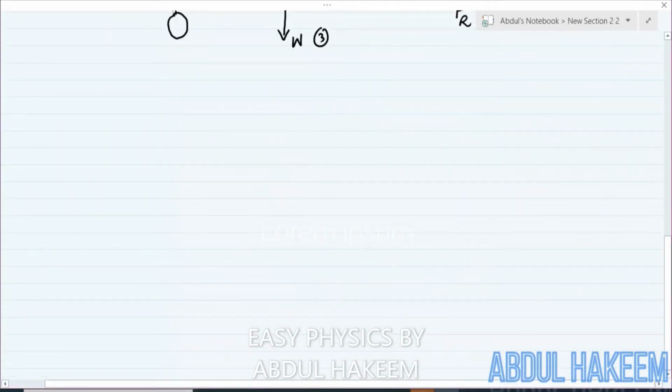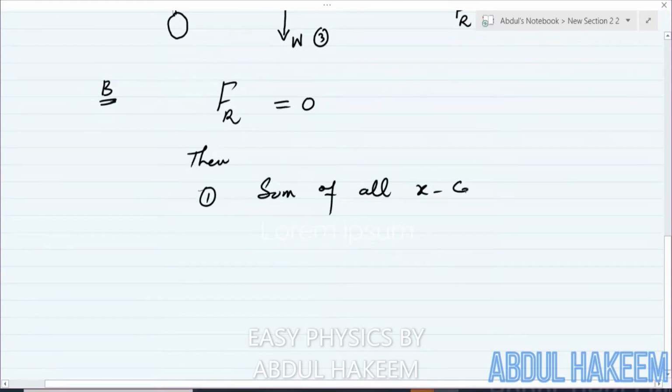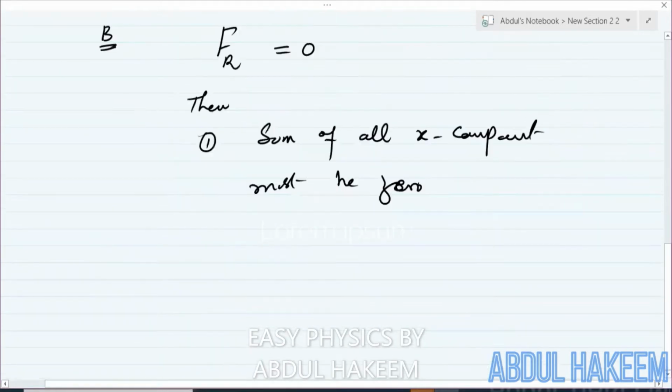Number two, if the object is at rest or moving with uniform velocity, meaning the resultant force is zero, then number one, the sum of all x components must be zero. Three forces. So the x component of F plus Tx plus Wx must be zero.